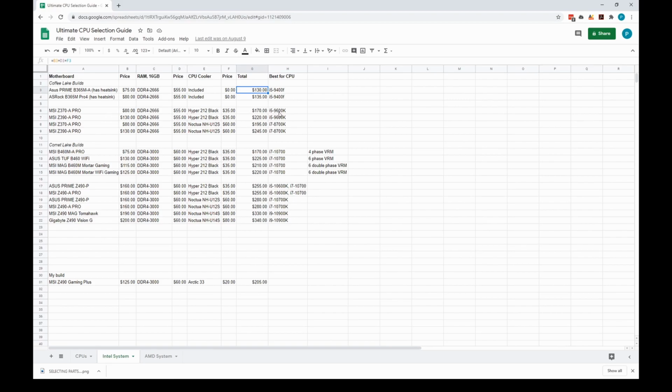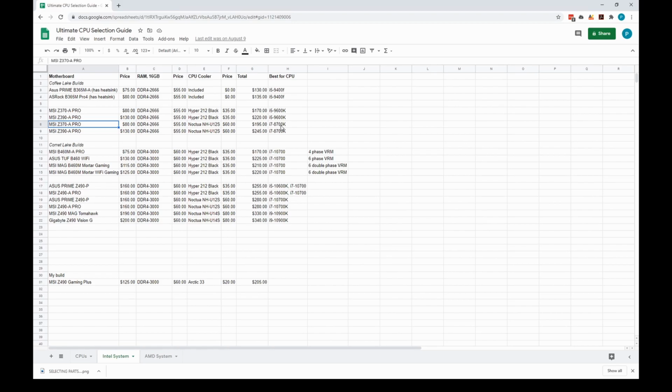For the i5-9600K, we're using an MSI Z370 or MSI Z390 motherboard, so you have two price points there, and then a Hyper 212 Black Edition for the cooler.